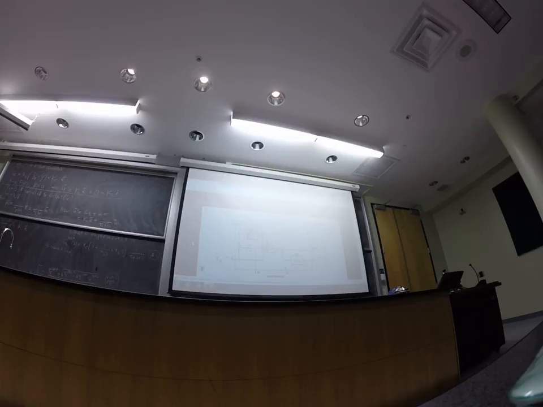Make U prime bar a common factor. So you have 1 minus 1 over tau I s plus 1 U prime bar equals Kc E bar. Common denominator: tau I s plus 1 minus 1 over tau I s plus 1 U prime bar equals Kc E bar. The plus 1 and the minus 1 cancel out.